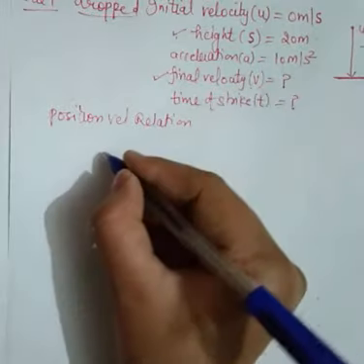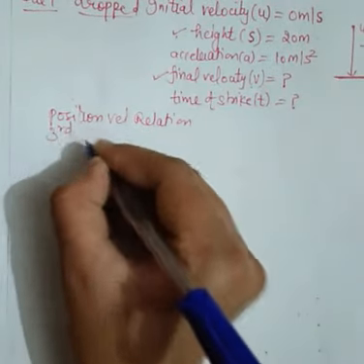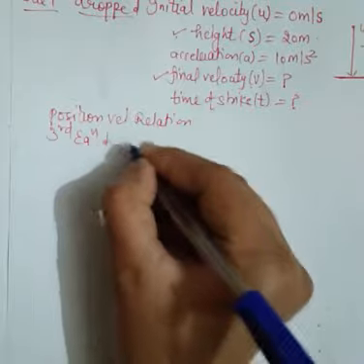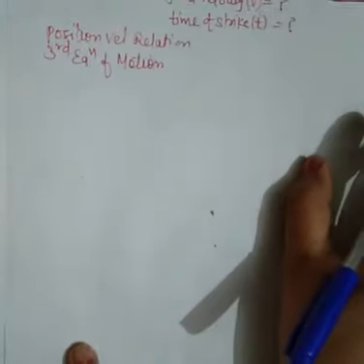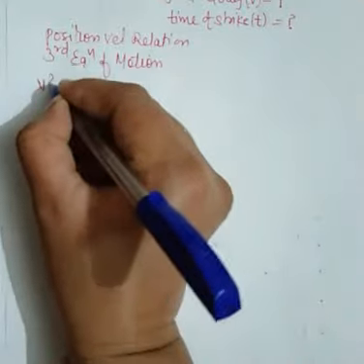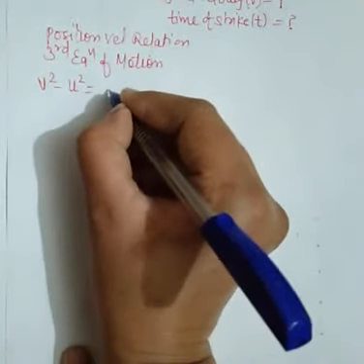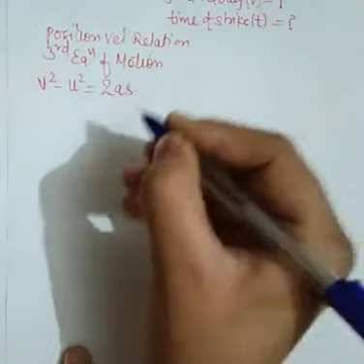S is given, V is to be found out, so it is the third equation of motion. What is the third equation of motion, dear students? V square minus U square equals 2AS.